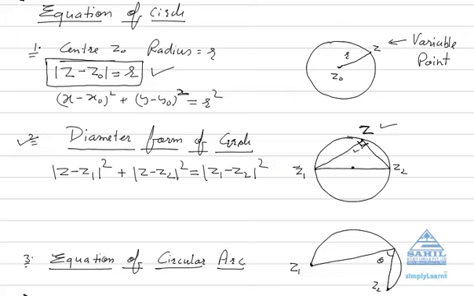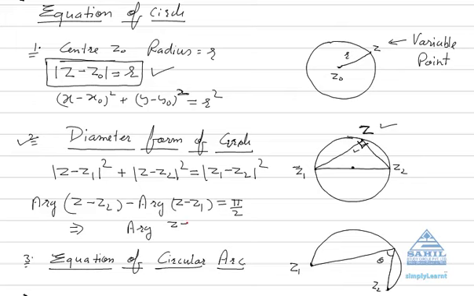Now there is another form to find this equation. When we know that this angle is always 90 degrees, you can write that argument of z minus z2 minus argument of z minus z1 equals pi by 2. You can easily write this as argument of z minus z2 upon z minus z1 equals pi by 2. So the diameter form of circles has two forms.